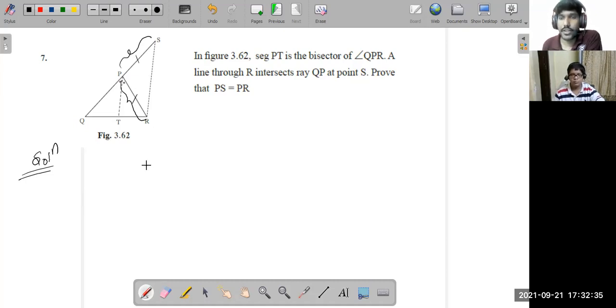So according to the figure, firstly, we know PT is parallel to SR. This is as per the figure.